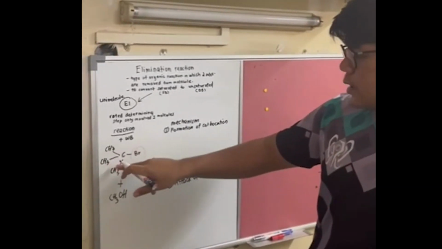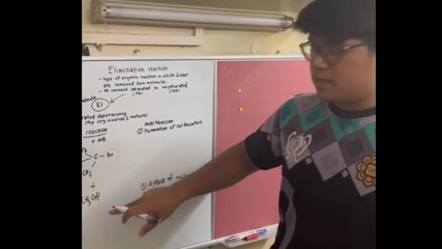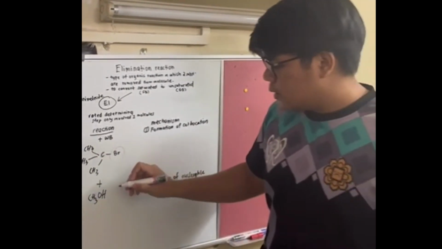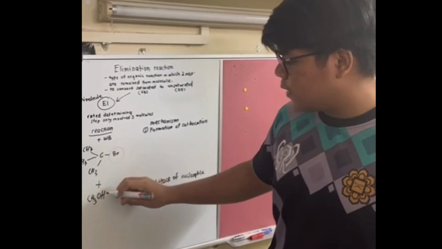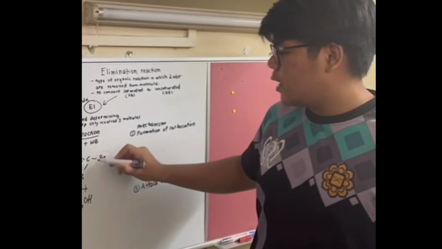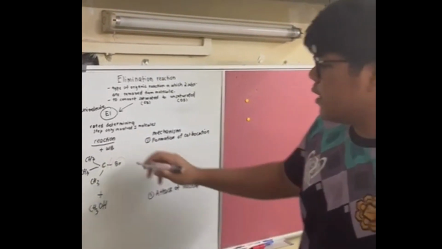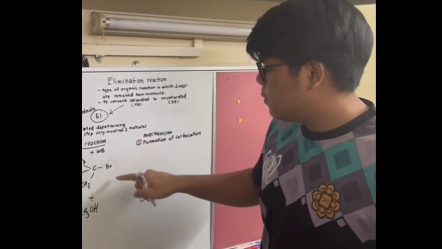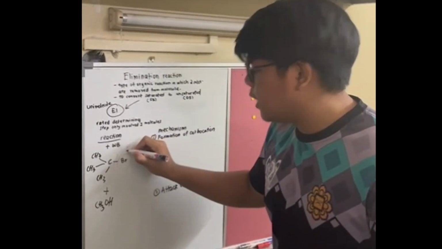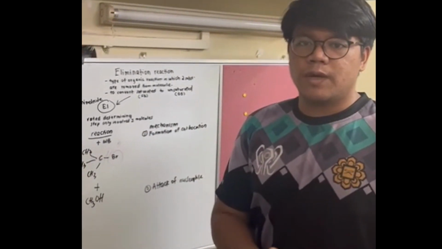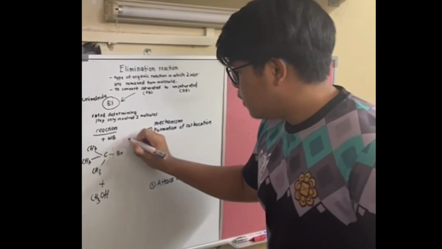For example, this molecule will react with methanol. For the first step, we will eliminate the bromine, and then the bromine will become bromide ion.